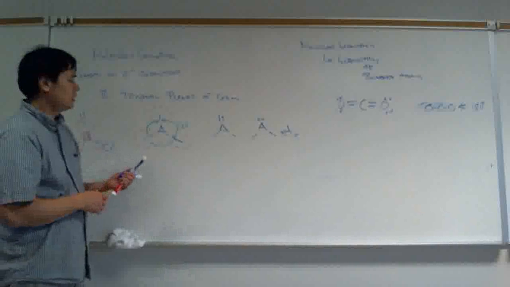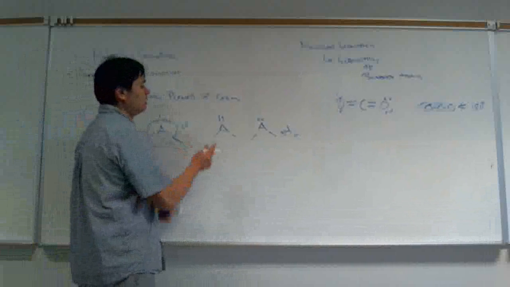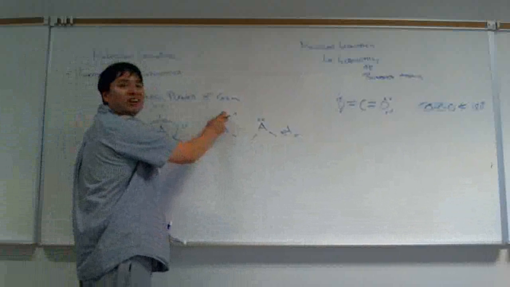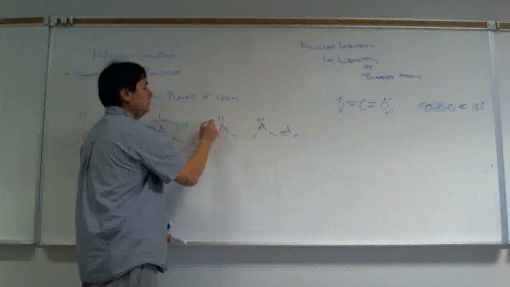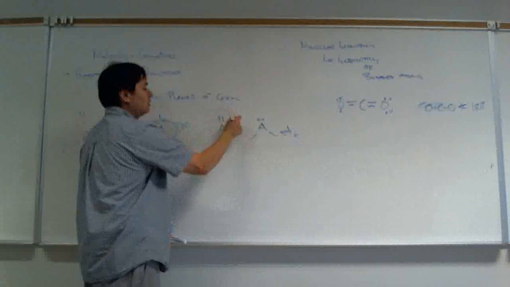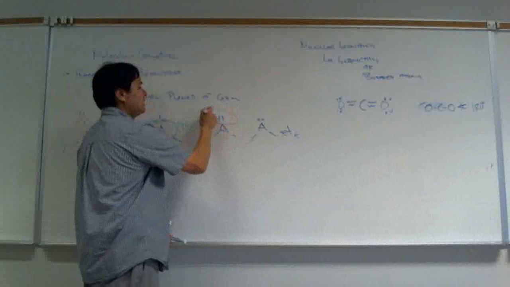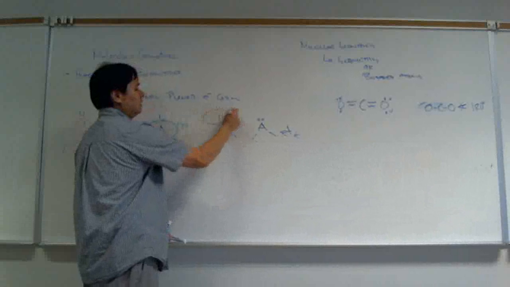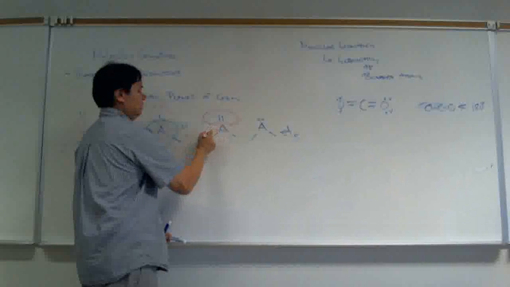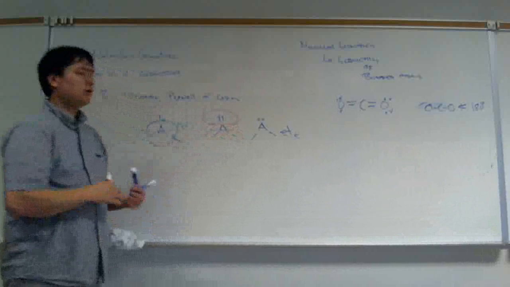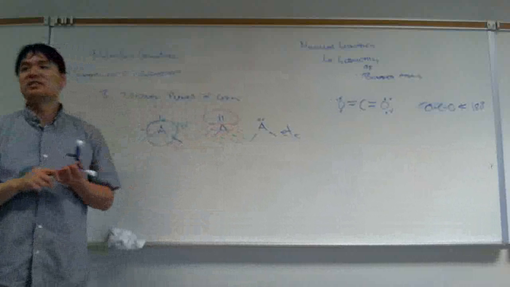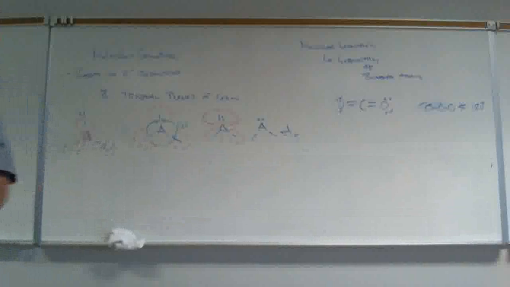Okay, if we did form a double bond, it has a lot more electron density, right? And so it's going to require more space than single bonds. If it requires more space, then it's going to distort the angle a little bit.